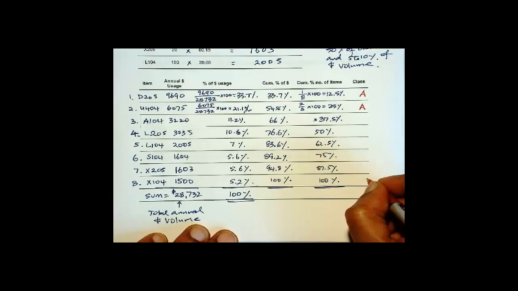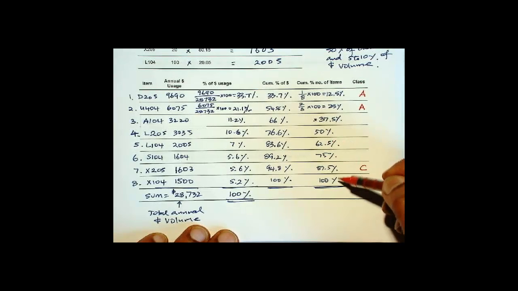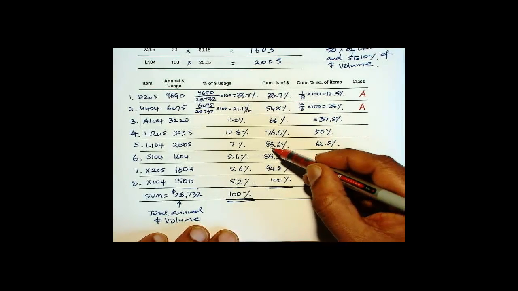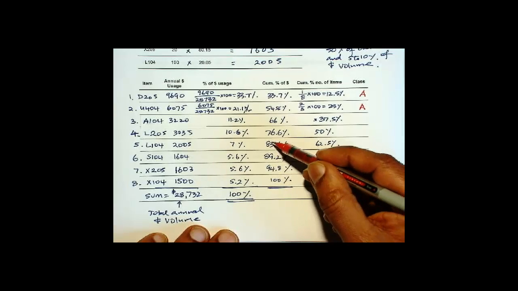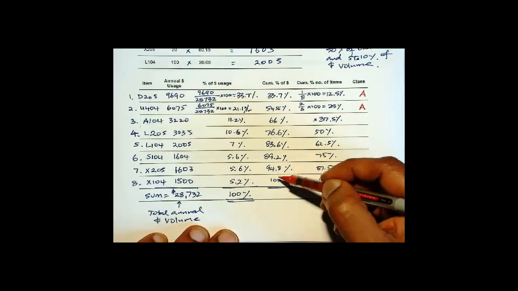So let's now do C. Bottom 50% of the items constituting about 5 to 10% of value. So that's 50% of the items, and we have about 17 or even 25% of value here. So up to here it is 76, the remaining is about 23.4%.